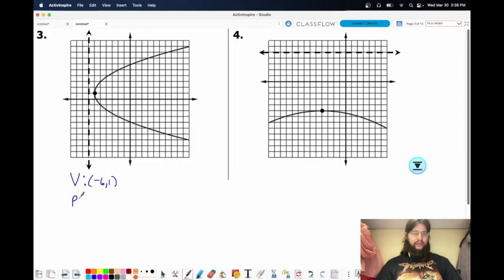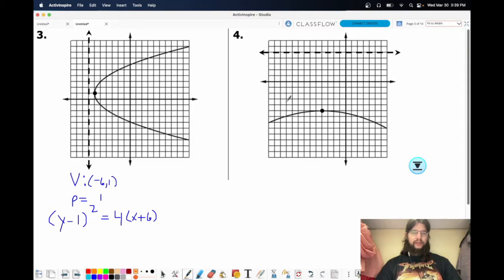And P, that's 1 unit to get to the directrix, and the parabola is opening to the right, so that's positive, and it's going to be vertical, so I would have y being the squared part, so y minus 1 squared equals 1 times 4, well that's 4, x plus 6.